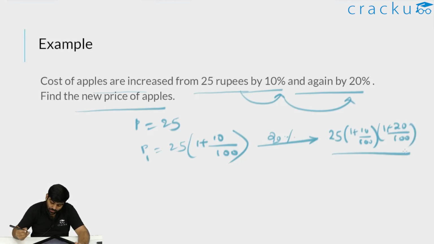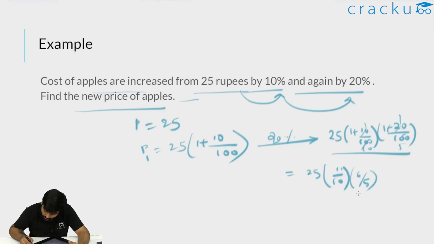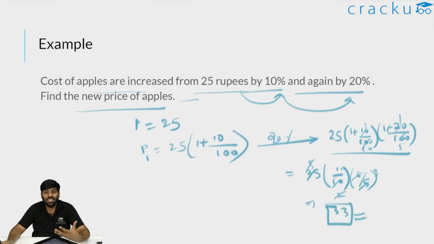This will be the final price, which is what the question asks. Let us solve it: this is 25 into 11 by 10 into 6 by 5. 5 5s are 25, 5 2s are 10, 2 3s are 6, that is 33. So the new price is 33 rupees.